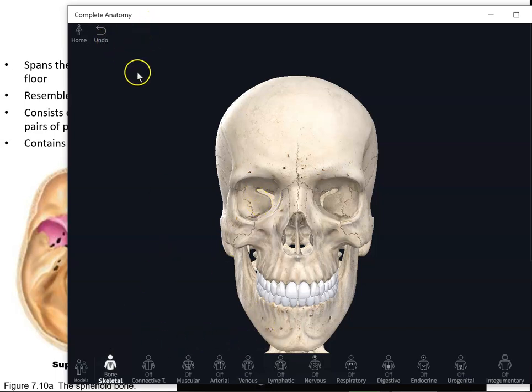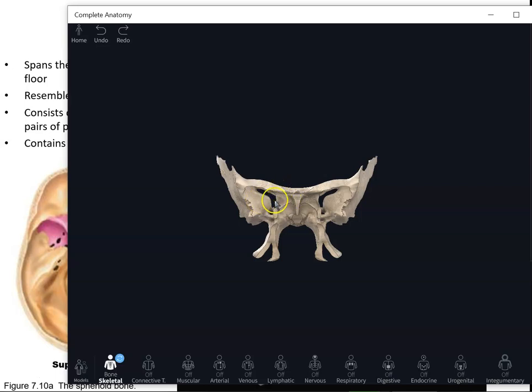That slit is the superior orbital fissure, and blood vessels move through that slit, and muscles. That slit is the superior orbital fissure.